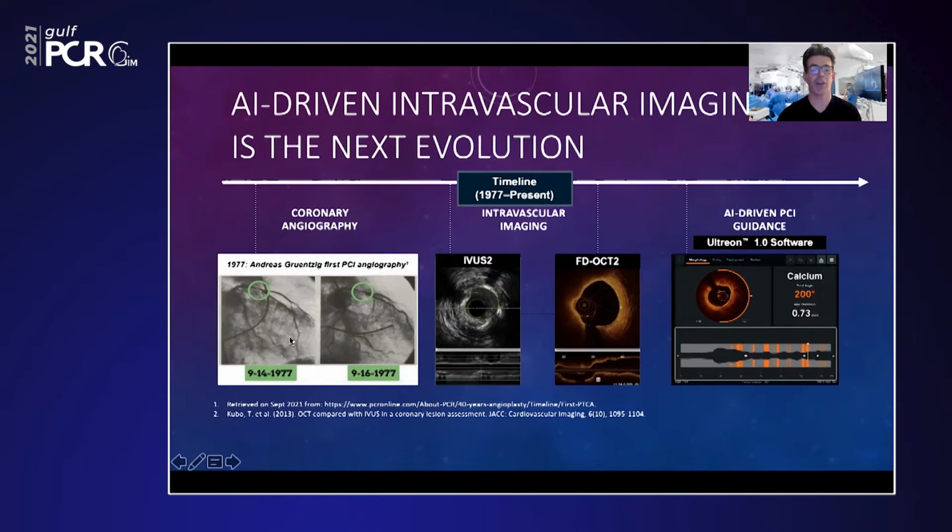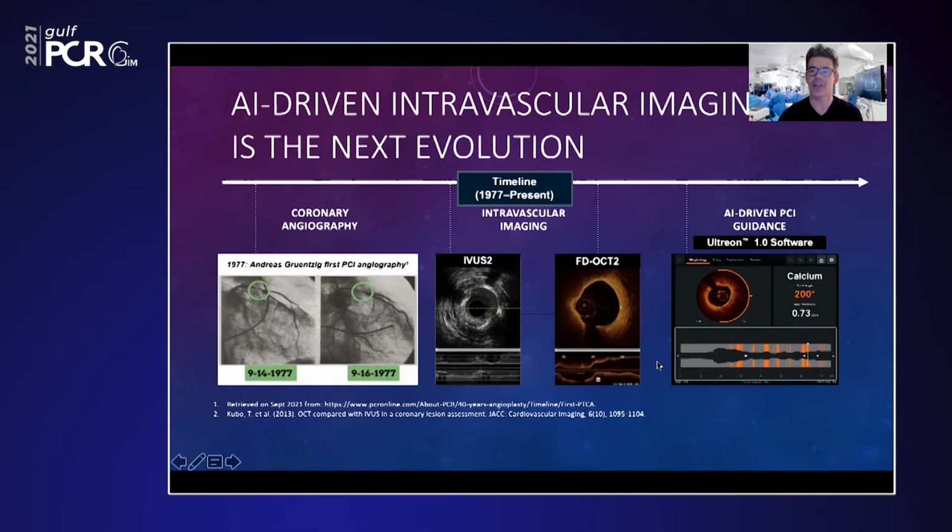We've made huge strides from the first images we saw from coronary angiography and then angioplasty, and the introduction of intravascular imaging over the last couple of decades has really seen the introduction of a level of precision that we've not been able to enjoy until relatively recently. And OCT in particular has enabled highly precise measurement of lesions and of vessels to guide our procedures more accurately and more efficiently.